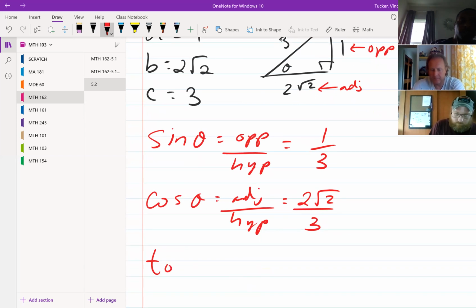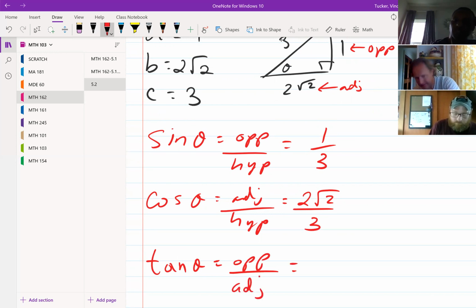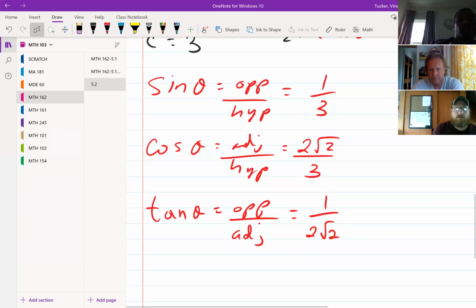TOA, that's tangent of theta, opposite over adjacent. So that's 1 over 2 square root of 2. And we don't want to leave our radicals in our denominator. So you are expected to rationalize the denominator by multiplying top and bottom by the square root of 2.